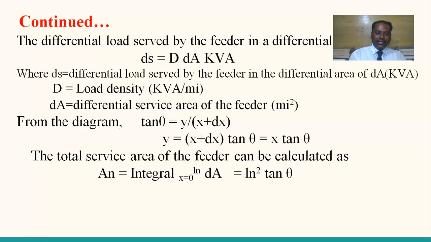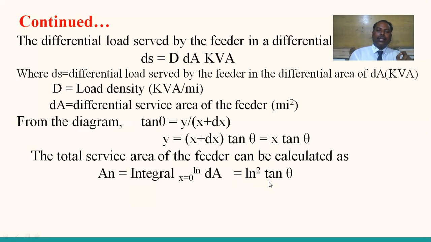So AN is equal to the integral from x equals 0 to ln of dA. You remember this point, all the students. Which is also equal to ln square tan theta.